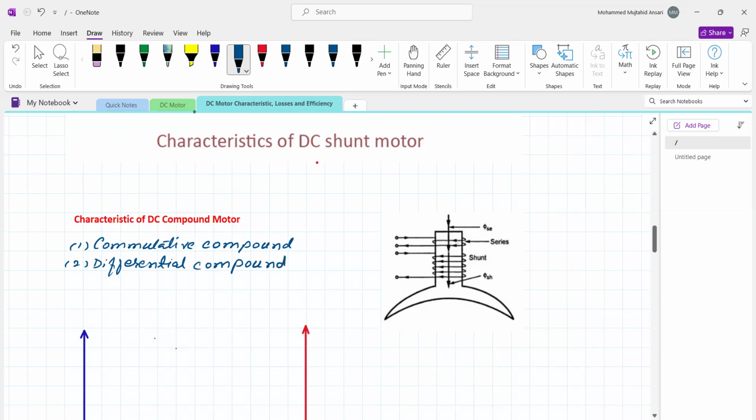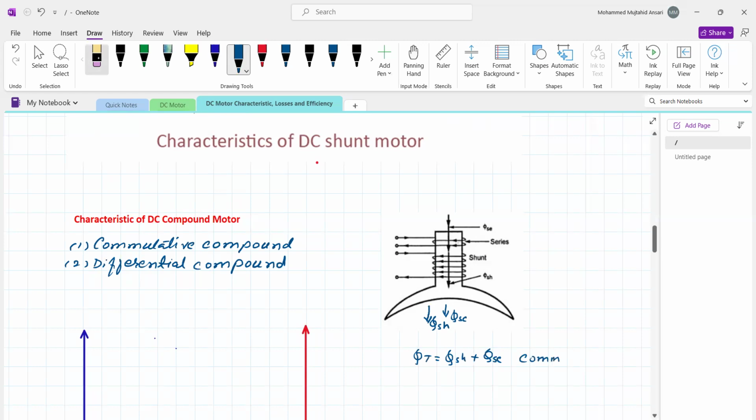Now, in the case of the cumulative compound motor, when the flux produced by the shunt field winding, phi sh, and the flux produced by the series field winding are in the same direction, then the total flux phi t is equal to phi sh plus phi se, and it is called a cumulative compound motor.